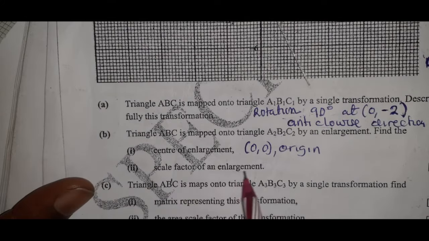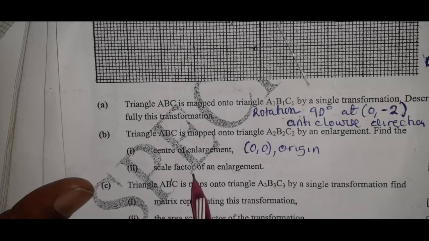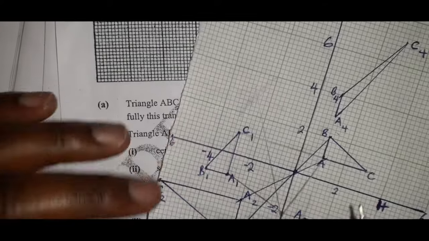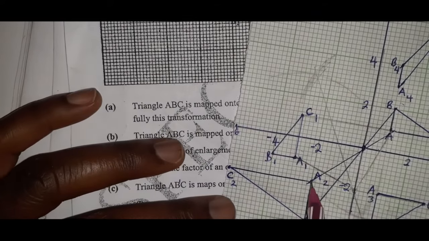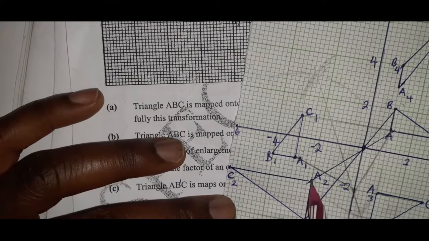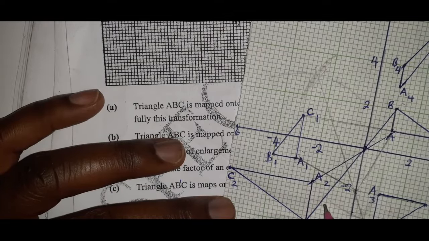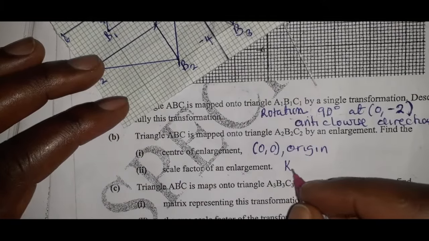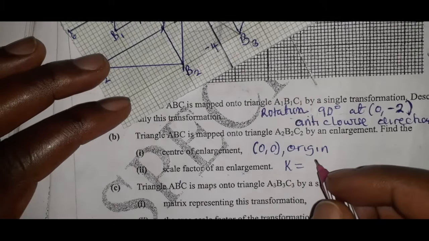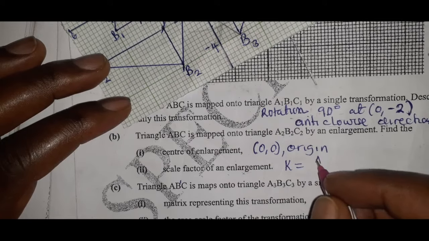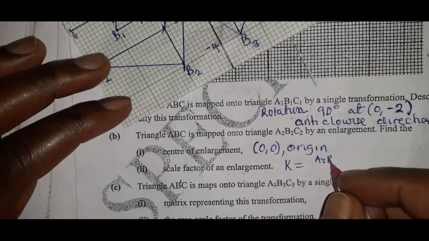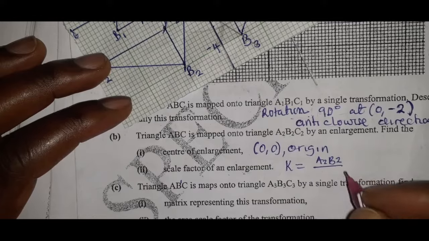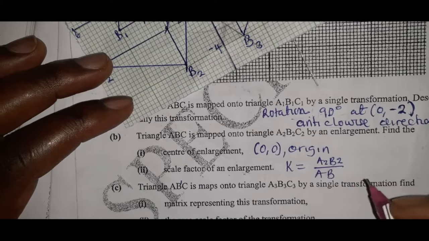Then the scale factor of an enlargement. So we can pick, for instance, we can say the scale factor is equal to A2B2 over AB.